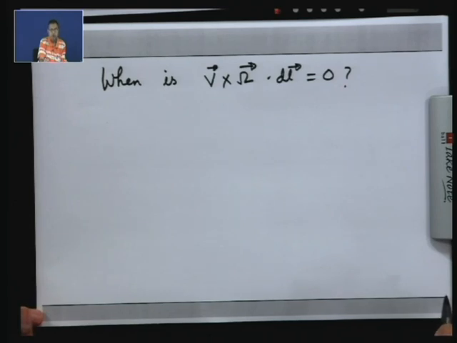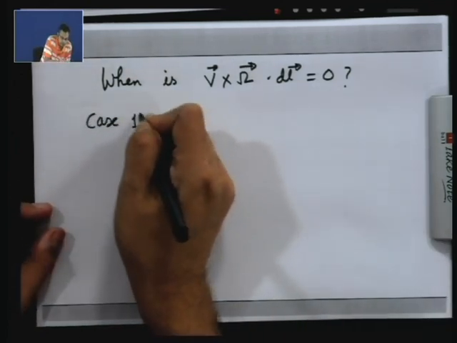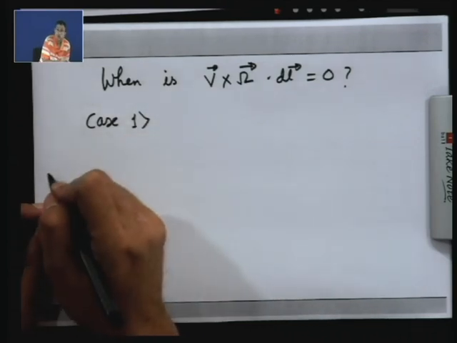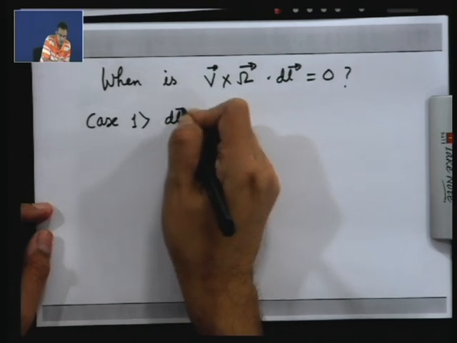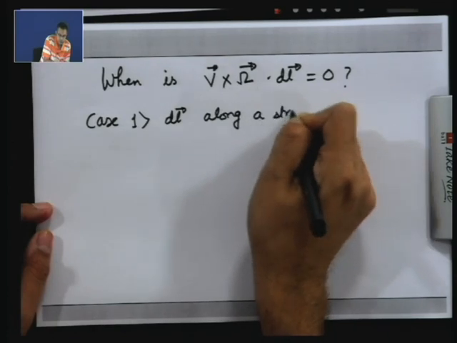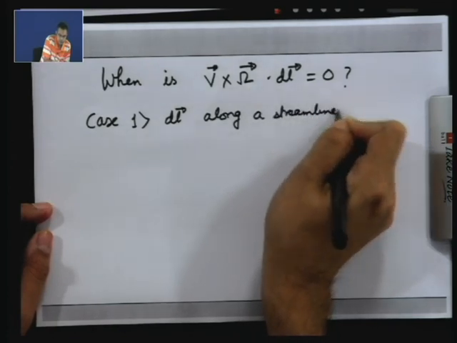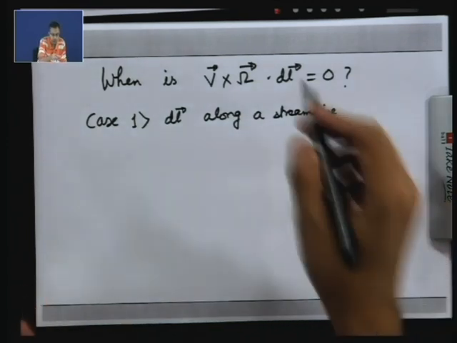So, what we do? We consider certain cases. Case 1, dl along a streamline. Why is it 0 when dl is along a streamline?